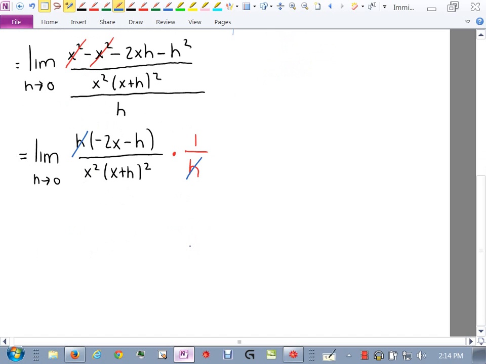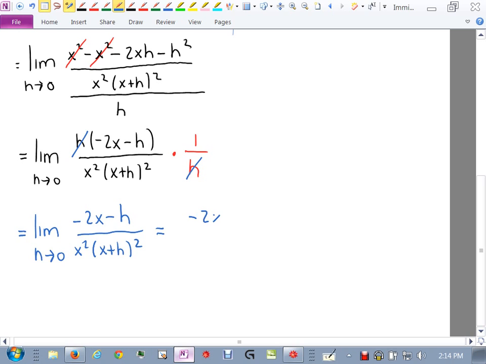And now, I'm ready to write it one last time. And I'm ready to let h go to 0. Okay, let h go to 0. What does the top become? Just negative 2x, right?